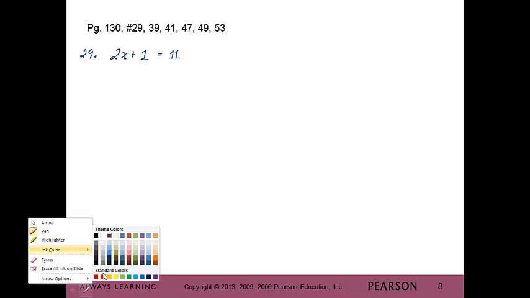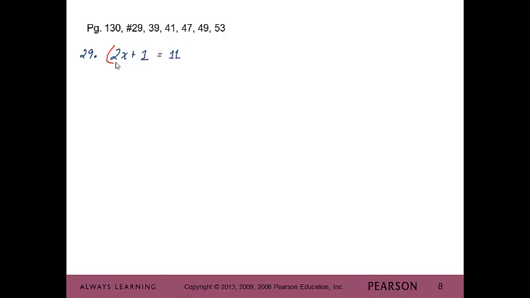We're going to go ahead and solve for x, which means we need to move the 2 as well as the 1. So we're going to be doing the addition and the multiplication property together. Move the term that is adding or subtracting first. So this plus 1, we're going to move first, which means we need to subtract 1 on both sides.